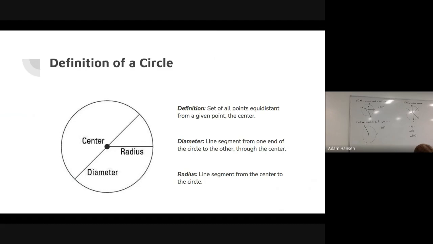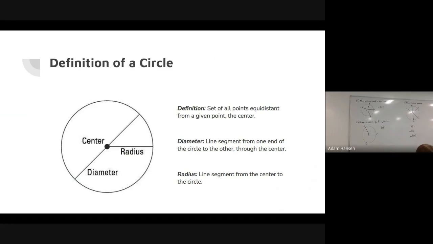The diameter of a circle is a line segment from one end to the other that also passes through the center. Here's an example of the diameter. How does the diameter relate to the radius?